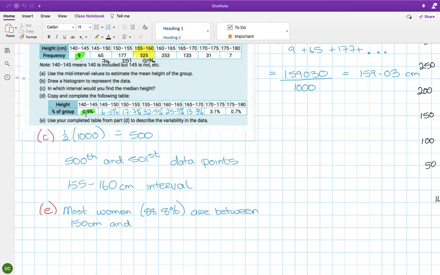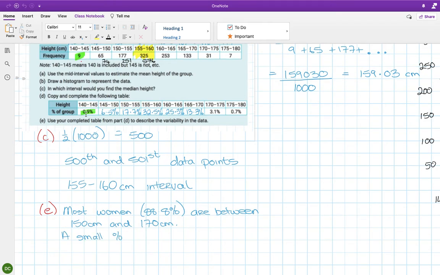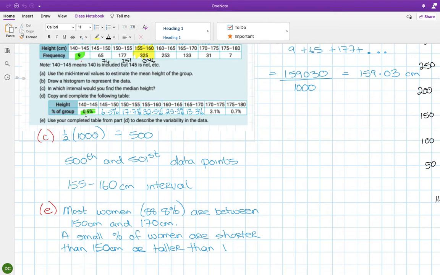A small percentage of women are shorter than 150 centimeters or taller than 170 centimeters. Okay, so while we are looking at a variability from 170 to 180, really the vast majority of the women are in the center between 150 and 170. Yeah?